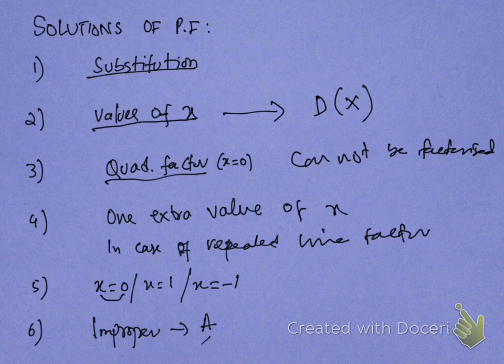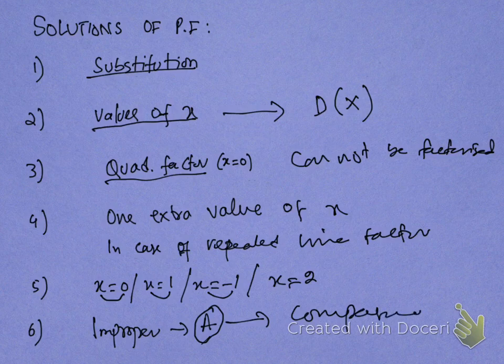The best value is 0, then 1, then -1, or you can even suppose 2. Point number 6. In an improper fraction, find the value of the first constant by the comparing coefficient method to make the calculation simple and fast, obviously.